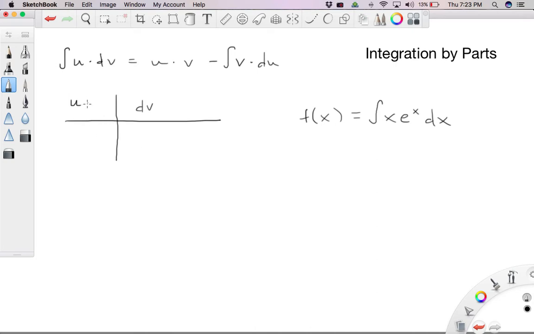So u, for the integral that I have here on the right, if you remember, u needs to be chosen so that we can easily find du, or the derivative of u. So I'm going to make u equal to x. That would make the derivative of u, du, equal to dx.